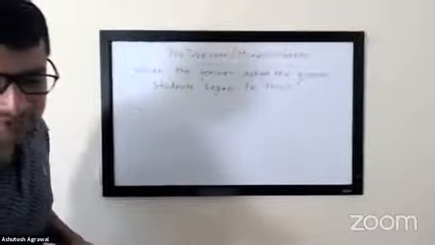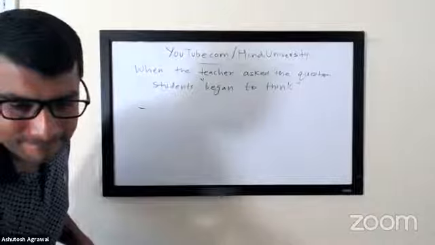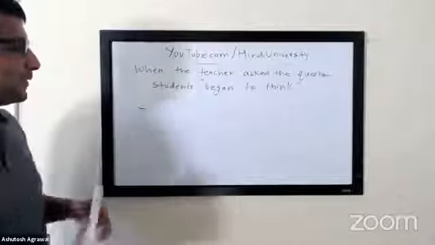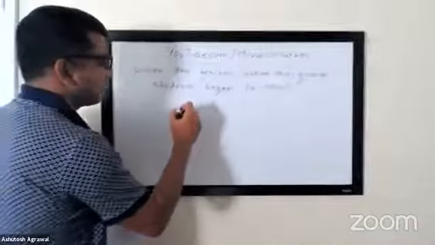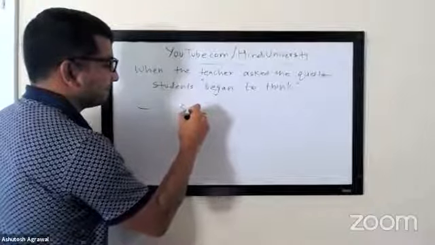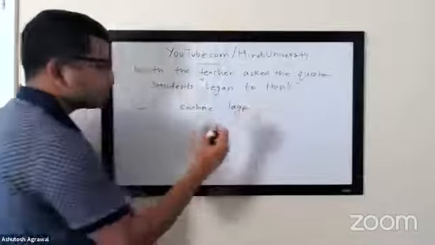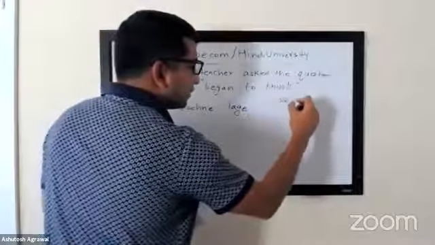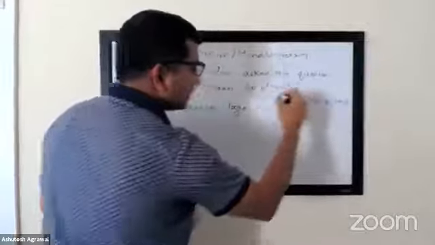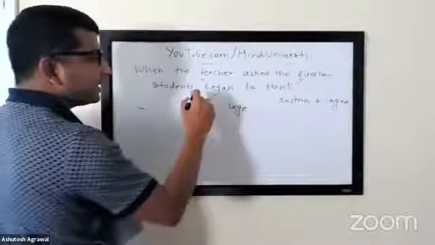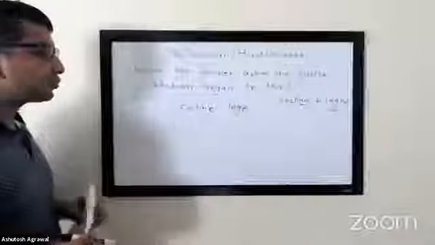You can write it in the chat as well, or you can say it. What do you think, Yirka? We just learned about the verb to think. Bache sochne lage. Very good. What you've done is you've taken the verb sochna, and along with that you use lagna, and because it's in the past, it's laga, and then you change it to the oblique case, sochne lage.